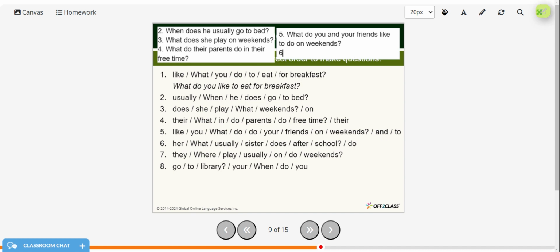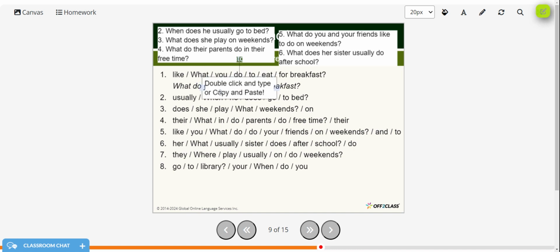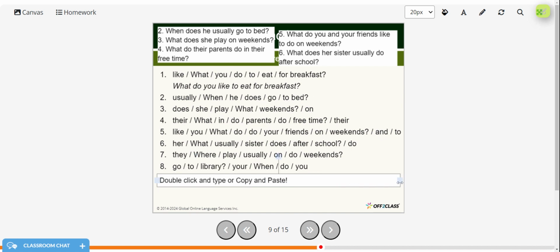Okay, number 6. What usually sister does after school do? So that would be what does her sister usually do after school? All right, and then number 7, they wear play usually on due weekends.